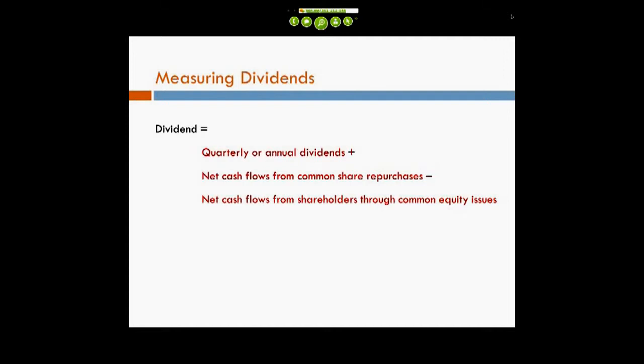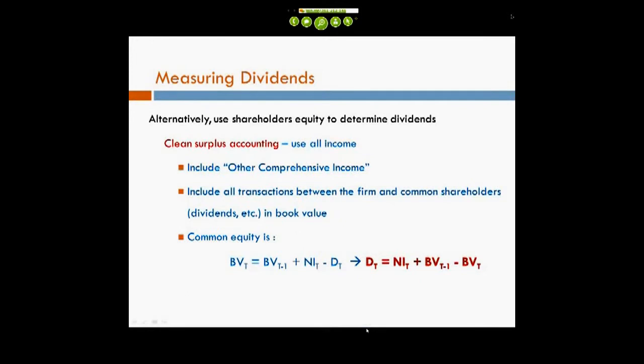But as you'll see, we're going to figure out a different way to calculate dividends. We're going to do it with something called clean surplus accounting. And we're just going to use very simple algebraic stuff to figure out dividends. Okay? First of all, we think about all income, including other comprehensive income, as we think about what our net income is. So you take net income, including other comprehensive income.